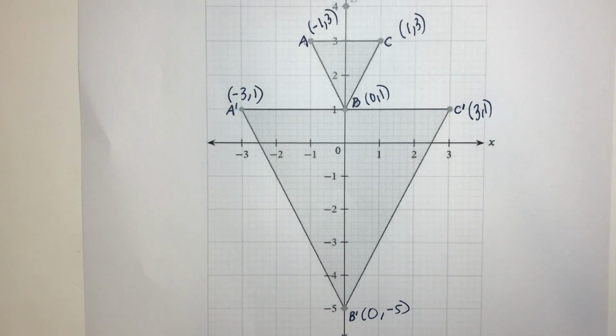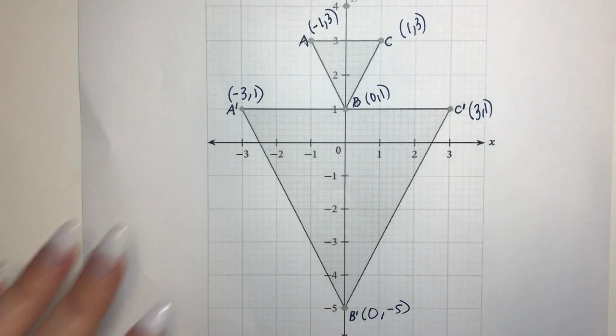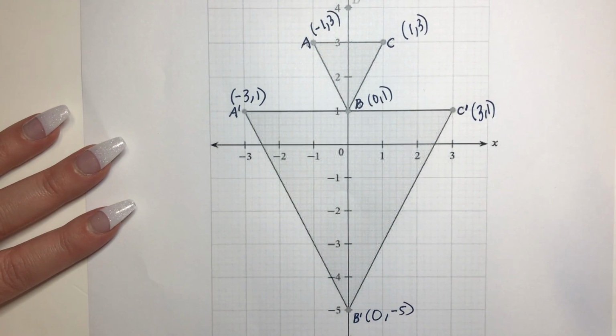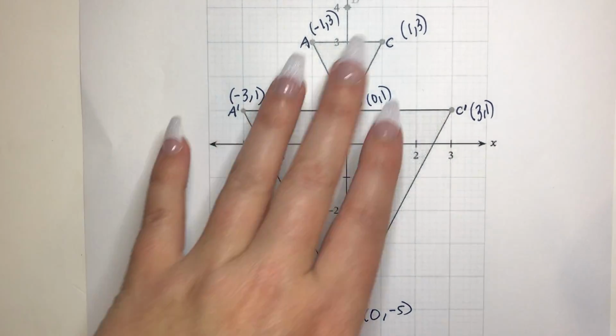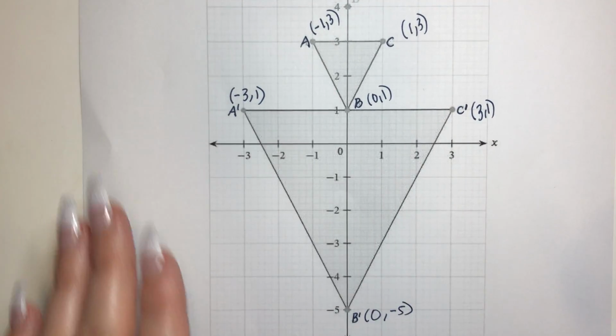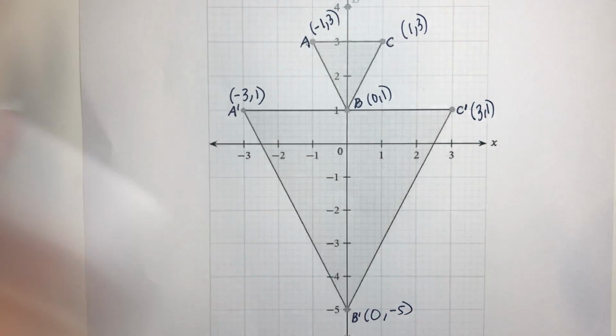So when I'm looking at this, I know that there's a dilation, right? I'm not sure what the scale factor is, but I also think that there might be some type of, it looks like, okay, we got AC on top, AC on top, B is on the bottom, right? So the letters are in the right order per se. So that means that we wouldn't need to rotate or reflect it.